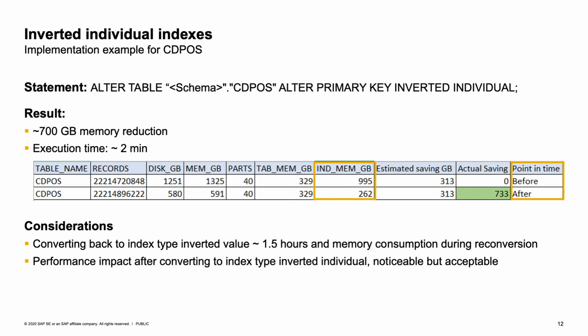But be careful, reversing this, which is again possible, takes significantly more time, because that concatenated normal primary key index is big and has to be calculated and put to the database. So that takes time. Performance impact can be noticeable, but in the case that I'm reporting here, it was definitely acceptable.